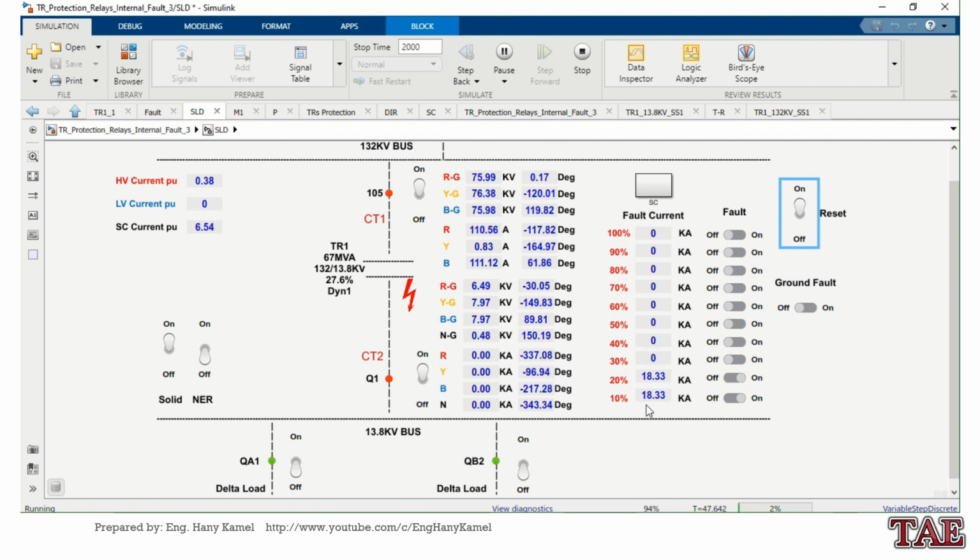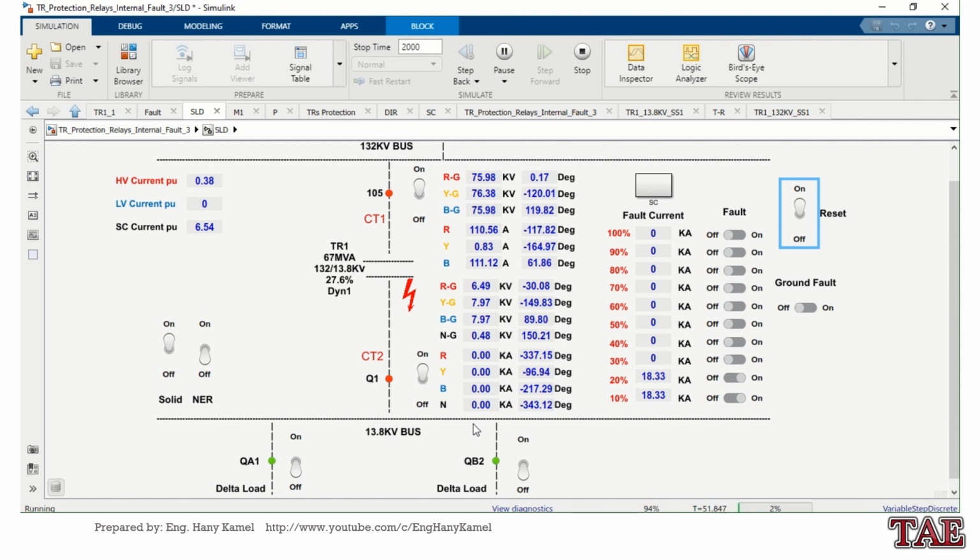because the current is high on the high voltage side, higher than the differential minimum current, the differential operated. But because this is a turn to turn fault, there is no neutral current, so the reverse fault will not operate.